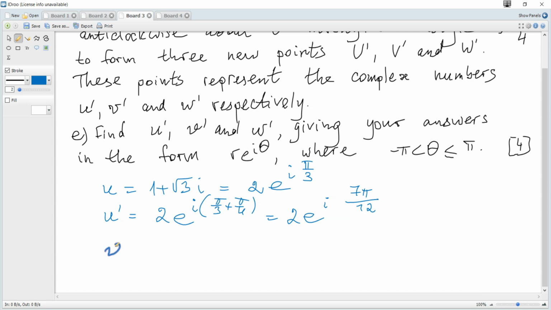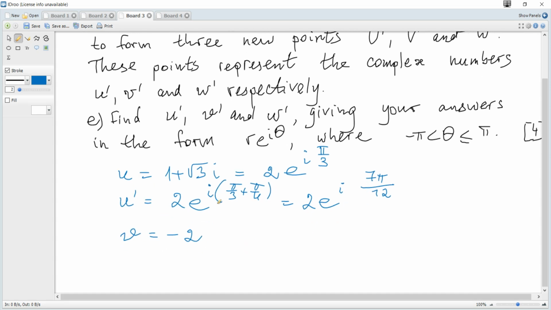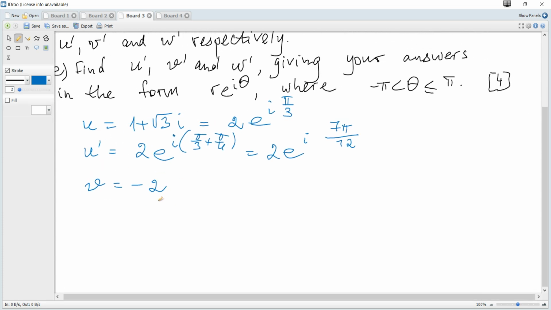The next point is V, which is -2, but notice that it cannot be written as -2 in modulus-argument form. It's 2, because modulus is positive, it's the distance from the origin, and the angle is 180 degrees, or pi in radians, so it's 2 multiplied by e^(iπ).